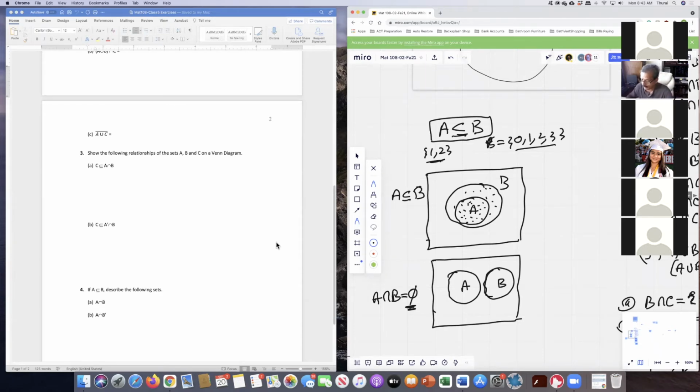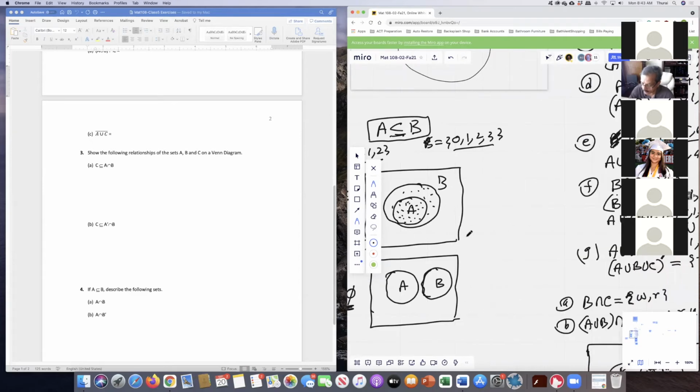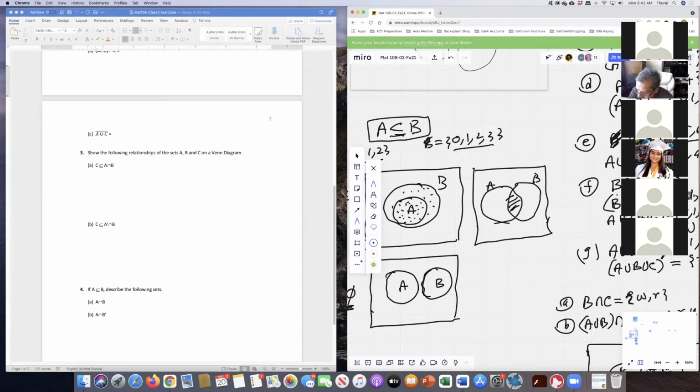Now we can draw A intersection B on a Venn diagram. You saw that in the lecture video. I can quickly recall that. If I want to show A intersection B on the Venn diagram, A intersection B is everything common to A and B. This is A, this is B. Then this is A intersection B, the elements that are common to both. Okay, now you should be able to answer that question.